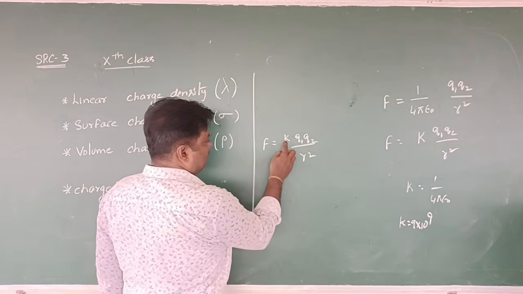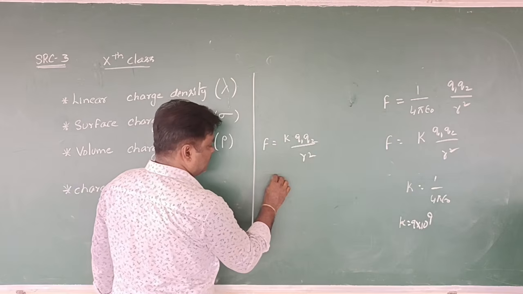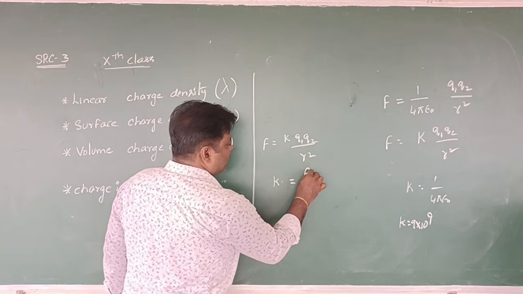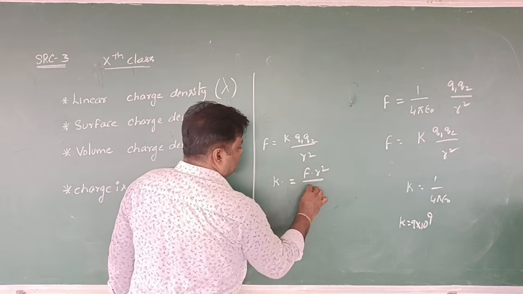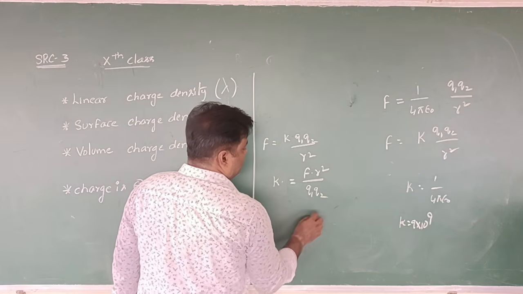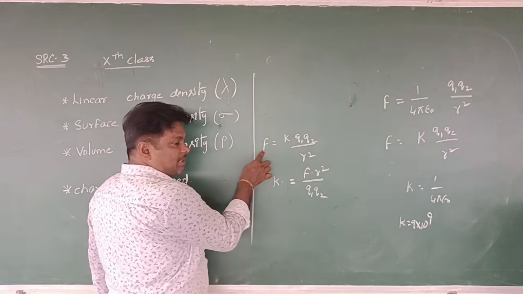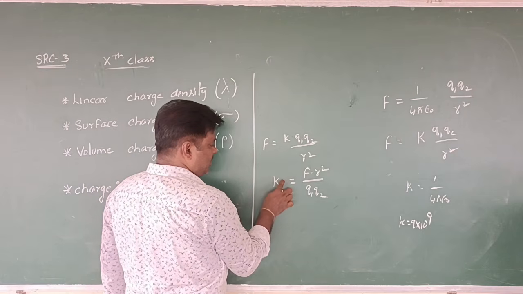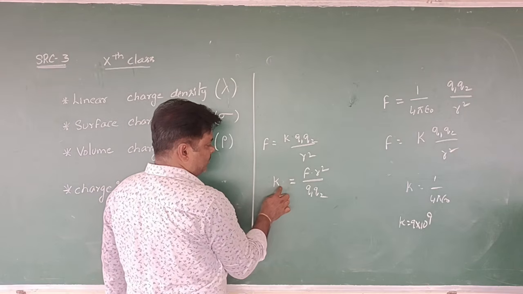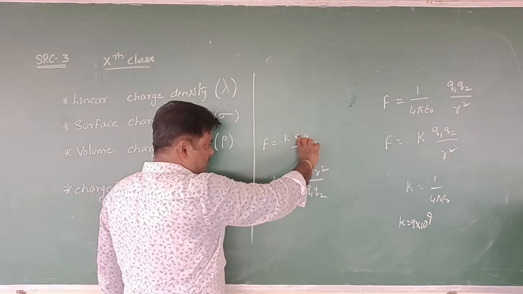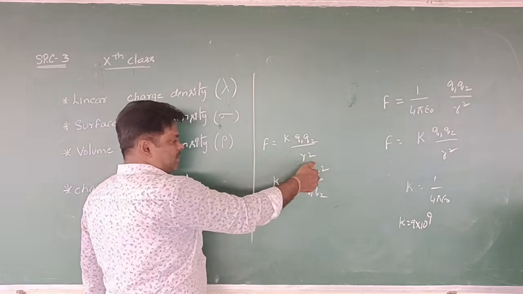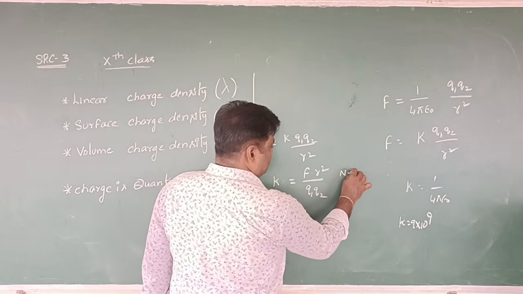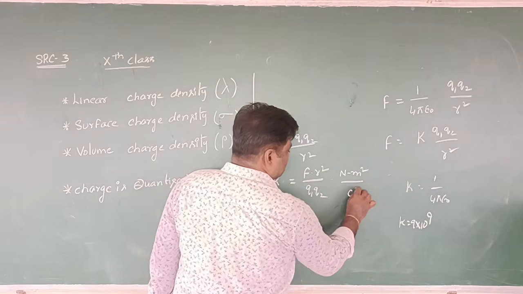First of all, make K the subject of the formula, then you will get K is equal to F into R square by Q1 Q2. So the units are Newton meter square by Coulomb square.